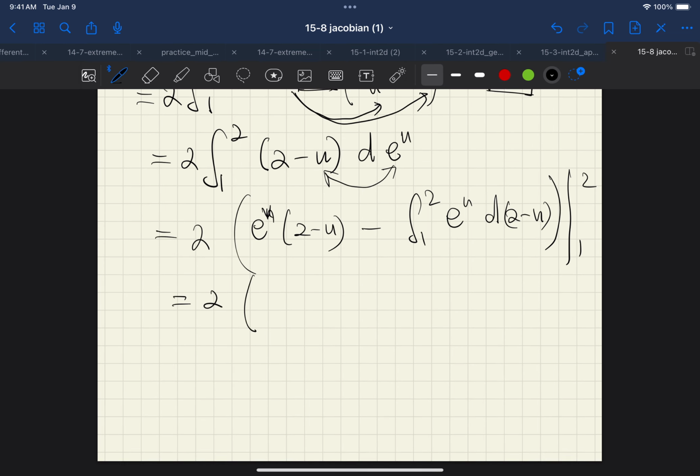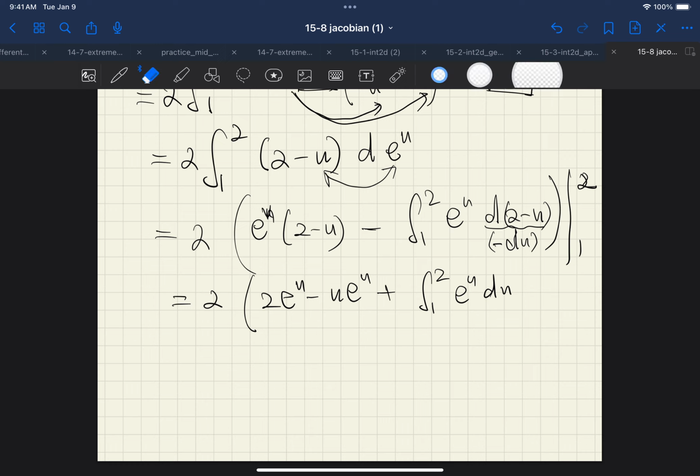So this is 2 e to the u minus u e to the u, minus, and d of 2 is 0, constant differential, so the negative sign becomes a positive sign, so integral from 1 to 2 of e to the u du. The 1 to 2 is already here, so I can simply skip that.